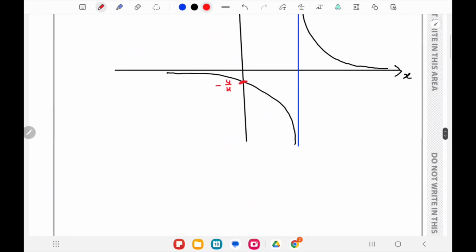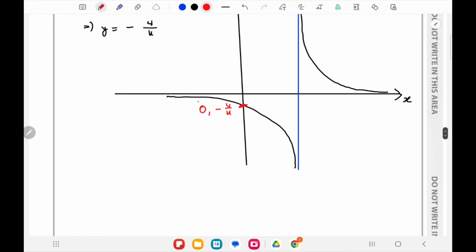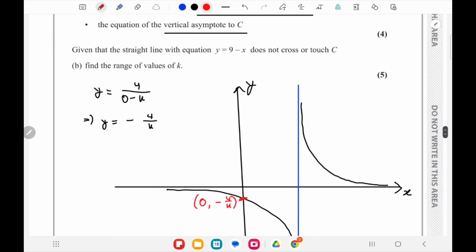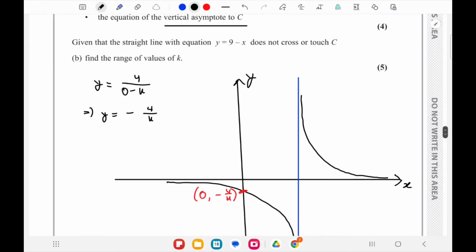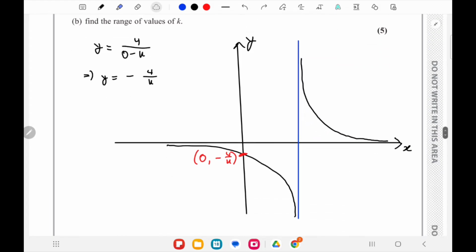Since they want the coordinates, for safety you can just write it down like 0 comma minus 4 by k. Now we are given that the straight line with equation 9 minus x does not cross or touch C. So 9 minus x will be a graph like this.